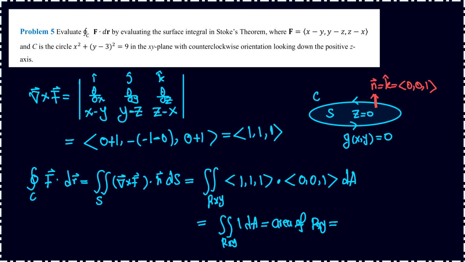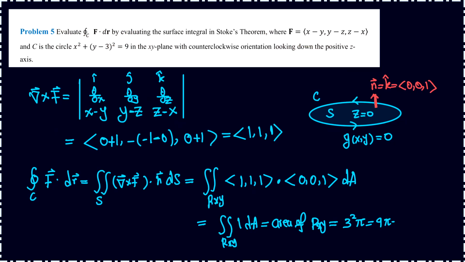So it is going to be 3 squared pi, or 9 pi. All right, that should be the answer.